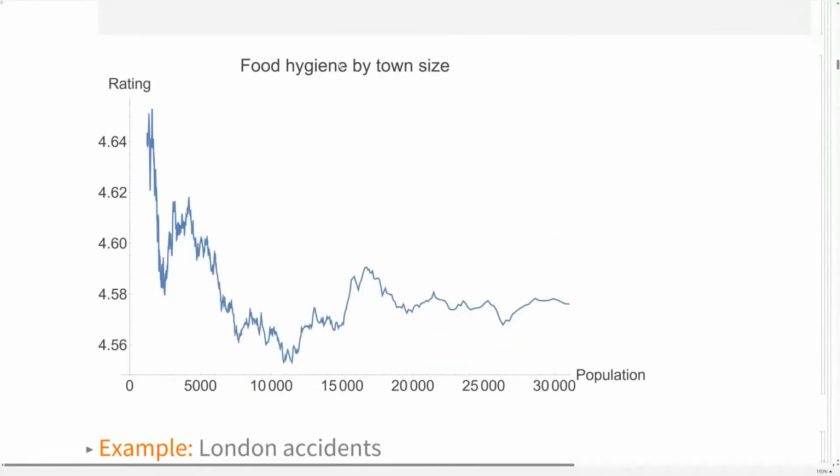We can also do some data analysis and put it on a more data-driven plot here. As the town size is smaller, the rating is higher, and when it goes to a bigger town or bigger city, the hygiene rating goes down.